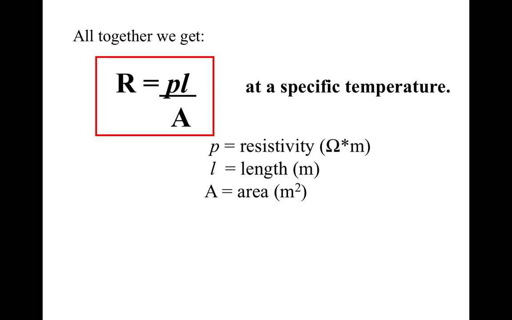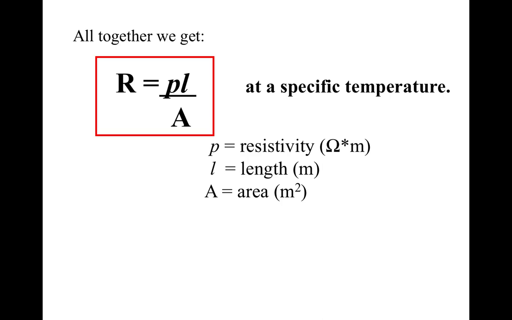This is also on your reference table, but you need to know when to use it. If you are given a very specific type of material, for instance, if they say a piece of aluminum is used in a circuit, you know you need this equation because it's very specific and you'll need the resistivity of aluminum. You can find that on your reference table.